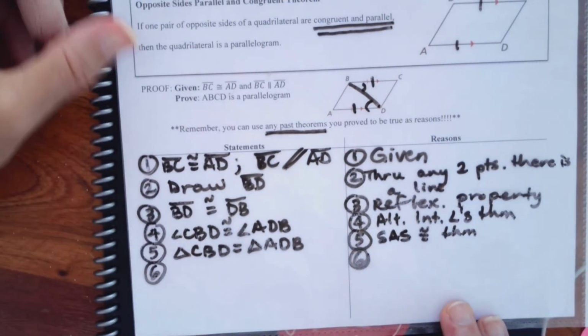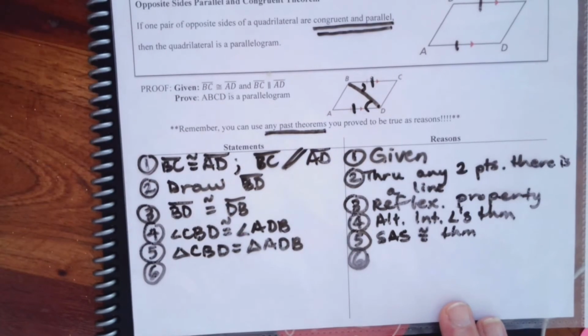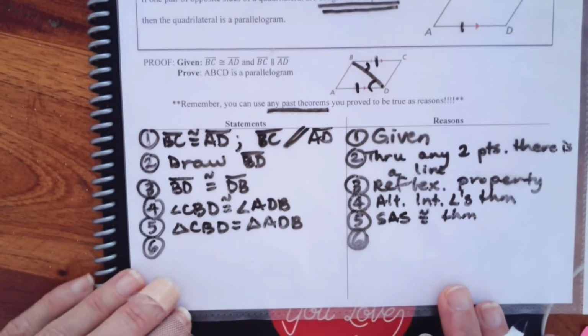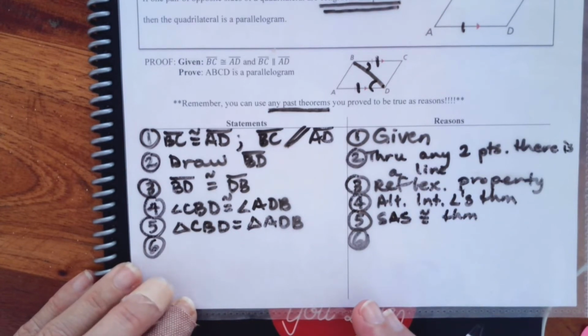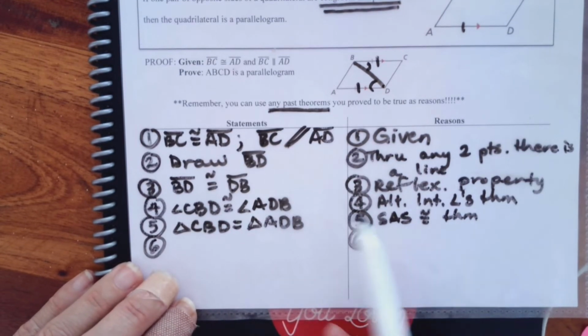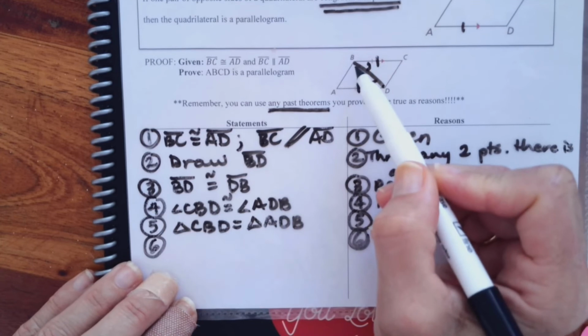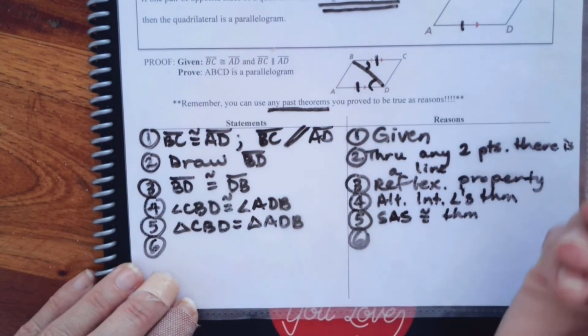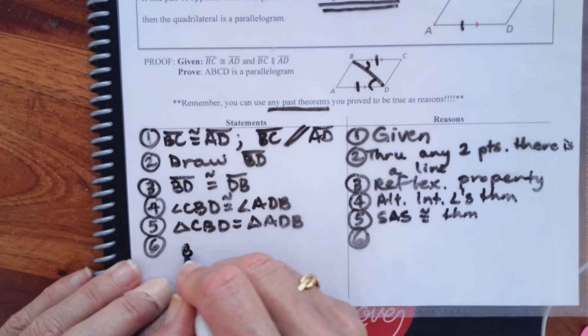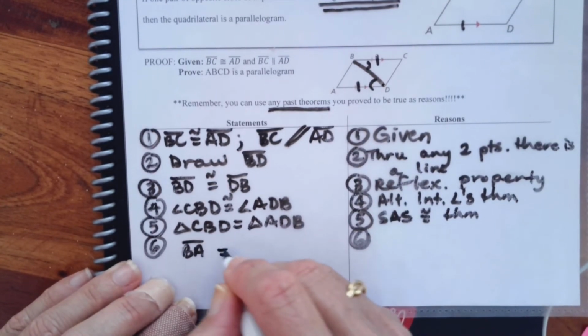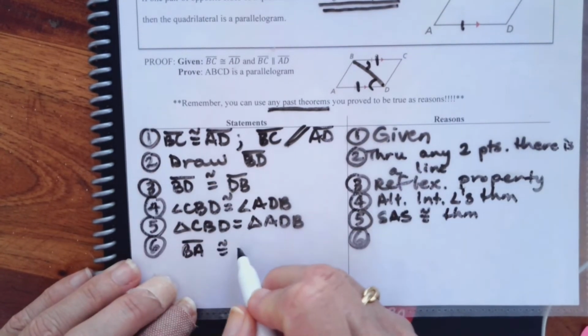And I can go in for the kill, which is what I said. ABCD is a parallelogram, and we need to know that if the opposite sides are congruent, if I can say BA is congruent to CD, then it's a parallelogram, which I can now because I got the triangles to be congruent.